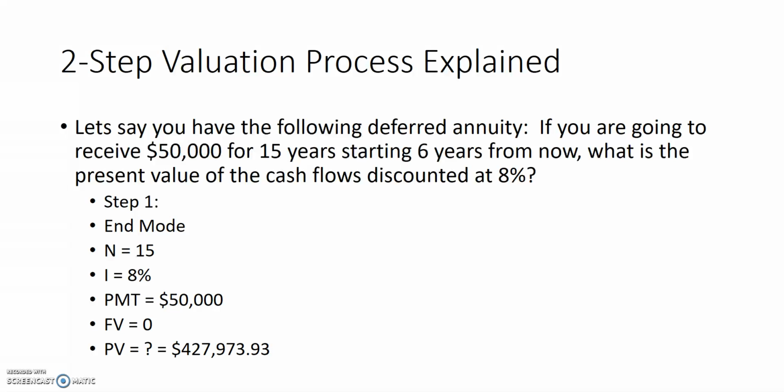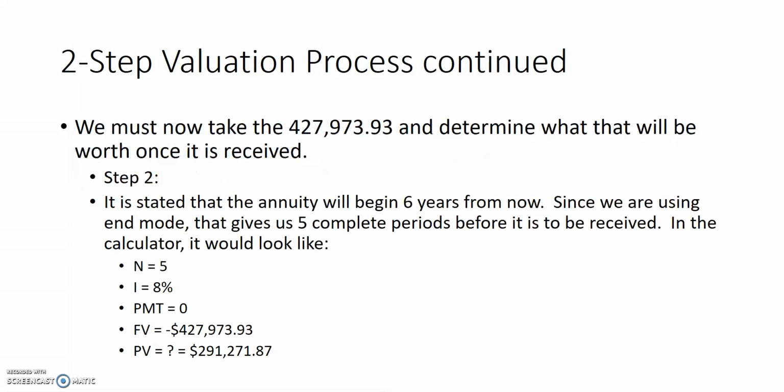So that's step one. Once we have that, the regular process of valuation of that annuity, we can then move on to step two. So what is step two? We must now, for step two, take that $427,973.93 that we solved for and determine what that will be worth once it is received.